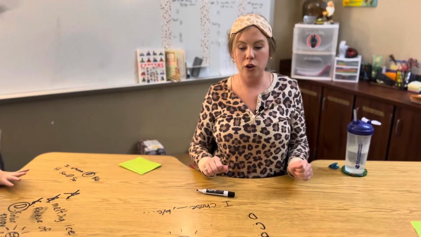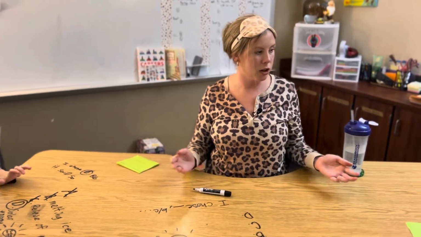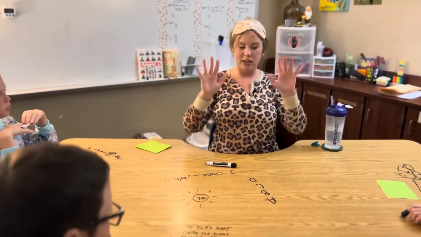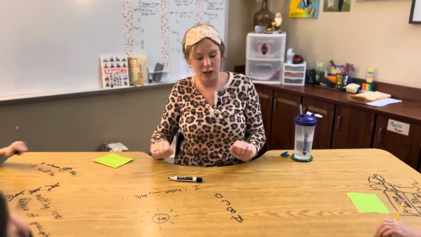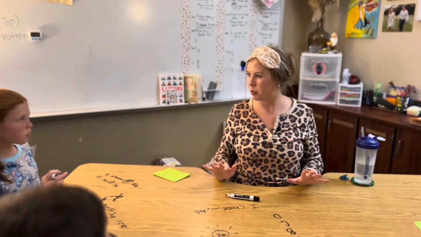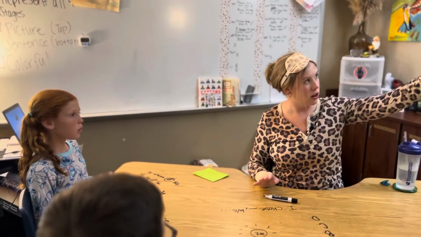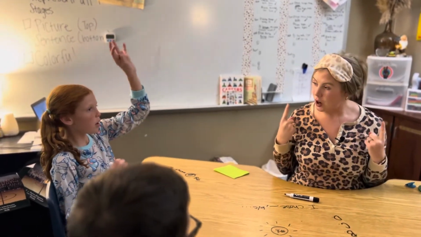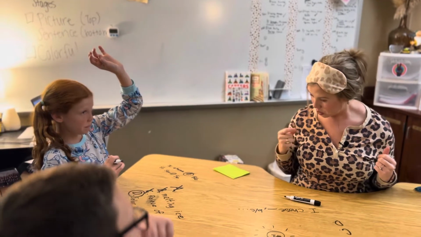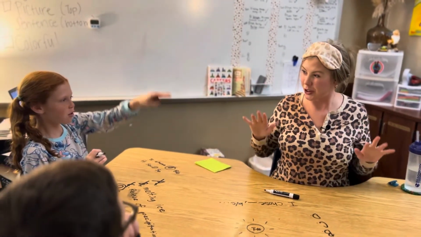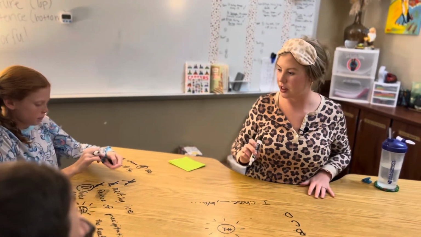Okay, so in our first stage, we had evaporation, condensation, precipitation, accumulation. And so the release of precipitation, that's a totally opposite part of our cycle. We can look over here on our anchor chart to see that. It has to go up. Precipitation goes down. Okay, let's cross it out then. What letter is that?